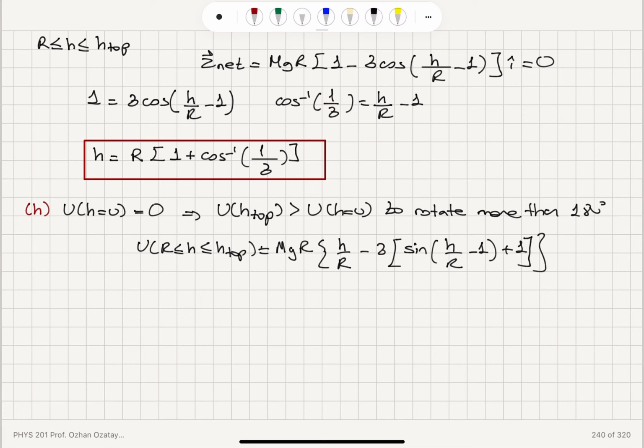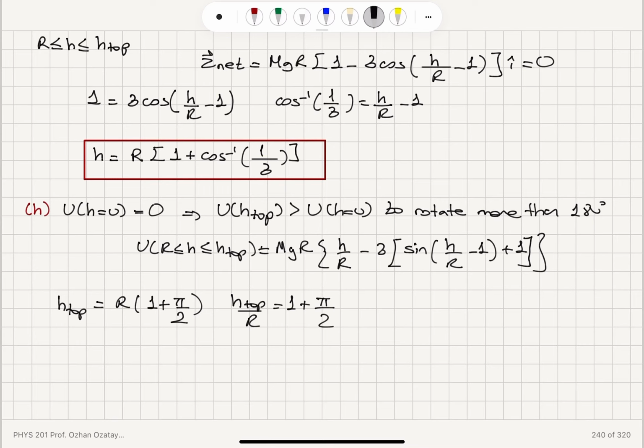And we're evaluating this at h equals h top. h top is capital R times (1 plus pi over 2), which we have found in part B. So h top divided by capital R is 1 plus pi over 2.